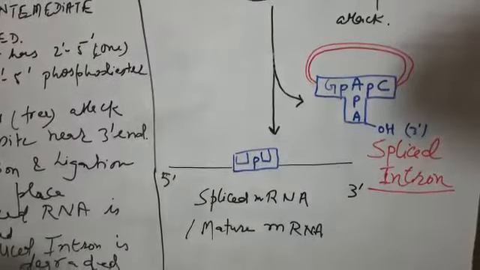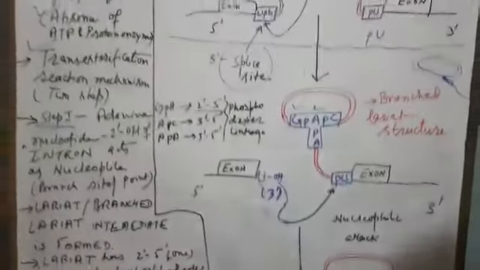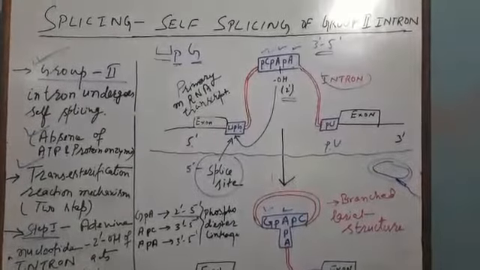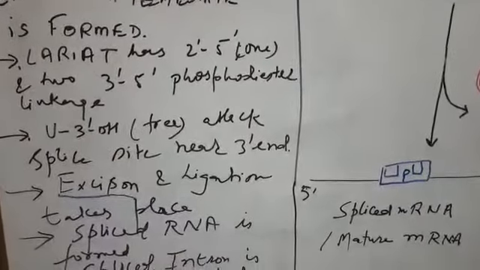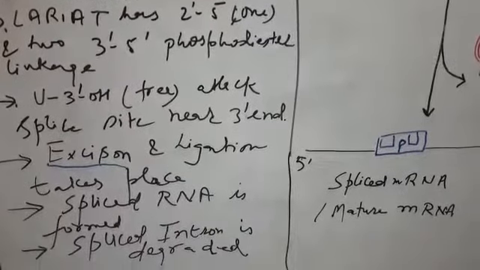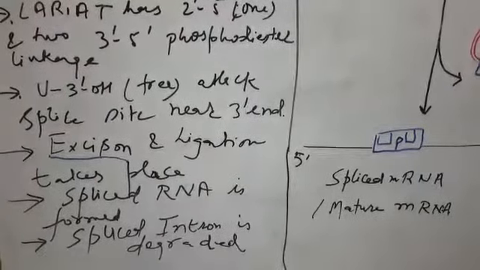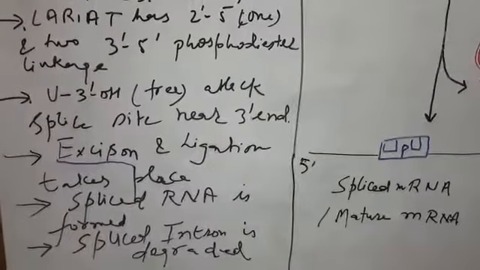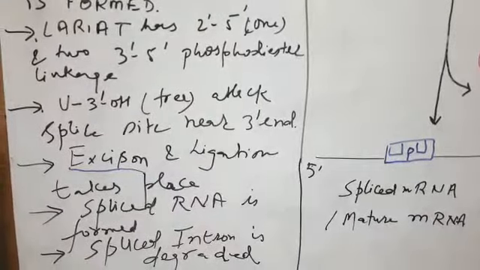So obviously from the overall step, you can say during self-splicing, excision and ligation take place. That is, excision, that is removal by cutting, and ligation, that is joining of two molecules by phosphodiester linkage. So this is all about the discussion of self-splicing of group 2 intron.